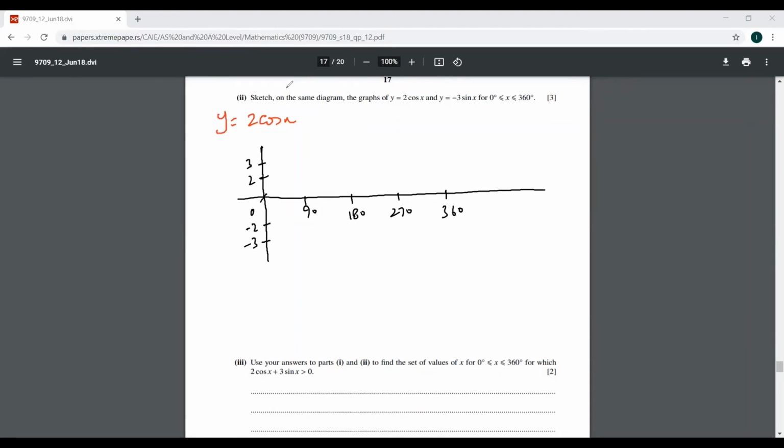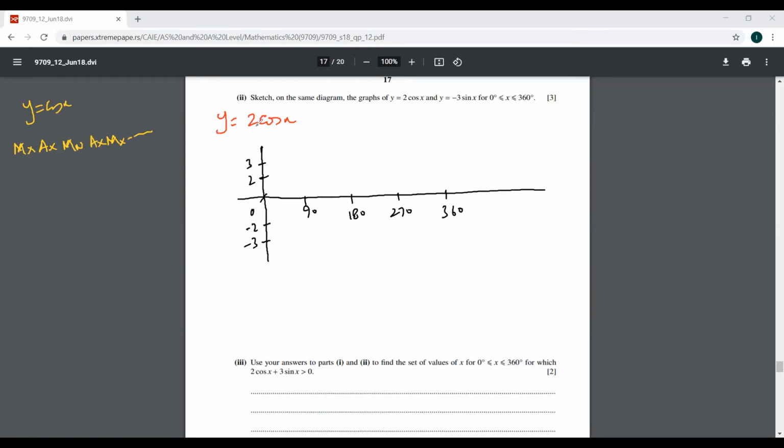If you want to sketch y equals cos x, it starts from the maximum, goes down to the axis, then down towards the minimum, then axis, then maximum, and so on. We'll do the same here.